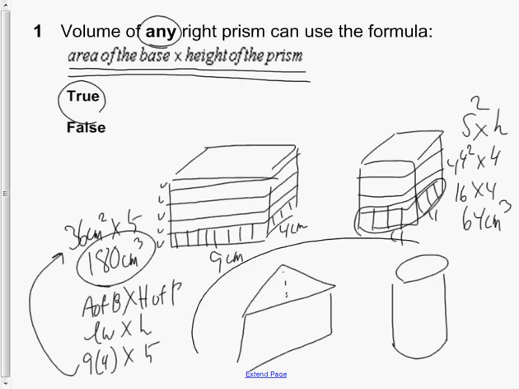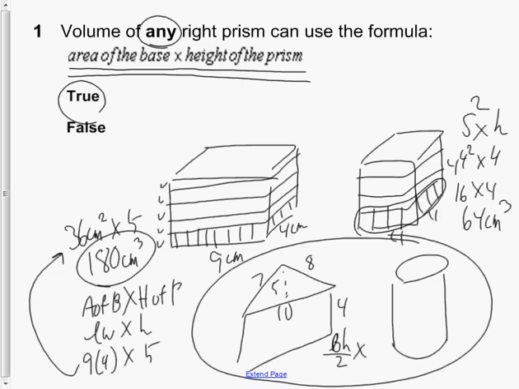The difficult thing becomes when we deal with prisms like this, because when we look at, let's say, this one, the area of the base, you have to think about it as being a triangle. So for this one, we need base times height divided by 2 multiplied by the entire height of the prism.